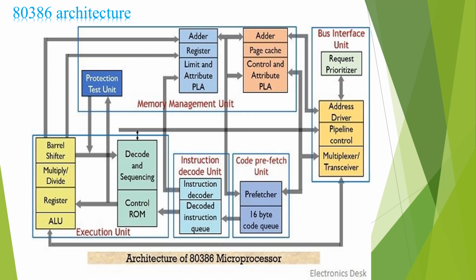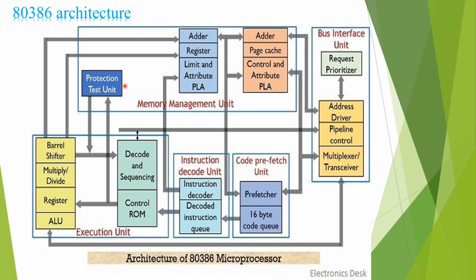Here is the diagram of the 80386 microprocessor. It has 6 functional units. Memory management unit. In the memory management unit, there is paging and segmentation. Here is the bus interface unit. After that, instruction prefetch unit and instruction decoder unit.